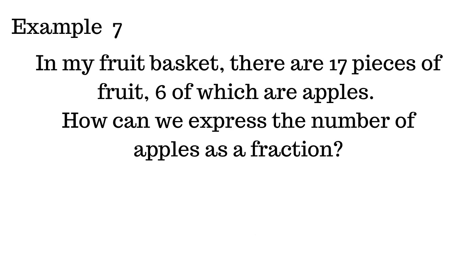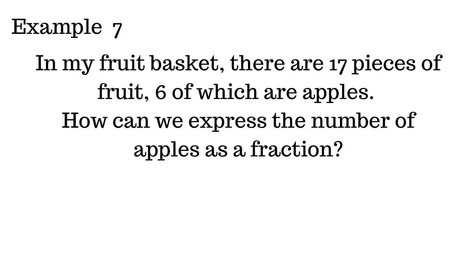Example 7. In my fruit basket, there are 17 pieces of fruit, 6 of which are apples. How can we express the number of apples as a fraction? Remember, a fraction has a numerator and a denominator. The numerator shows the number of selected fruits, in this case apples.